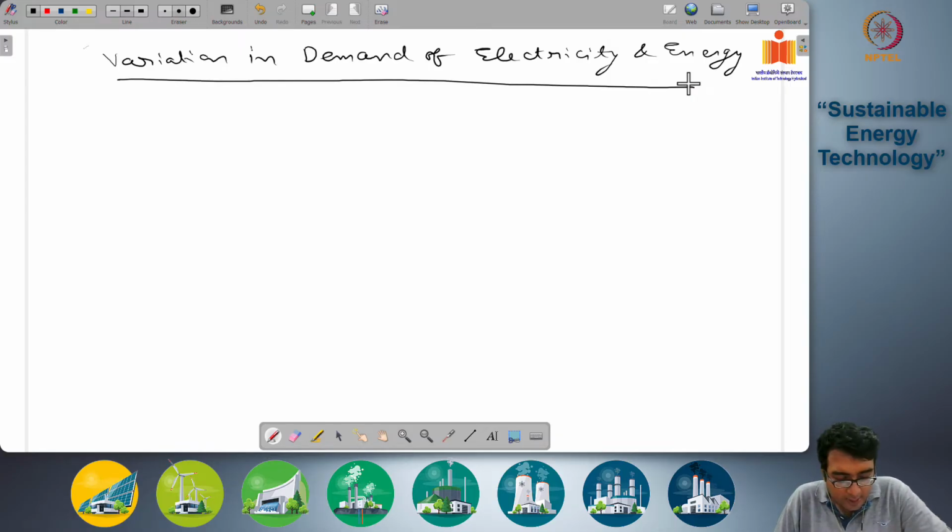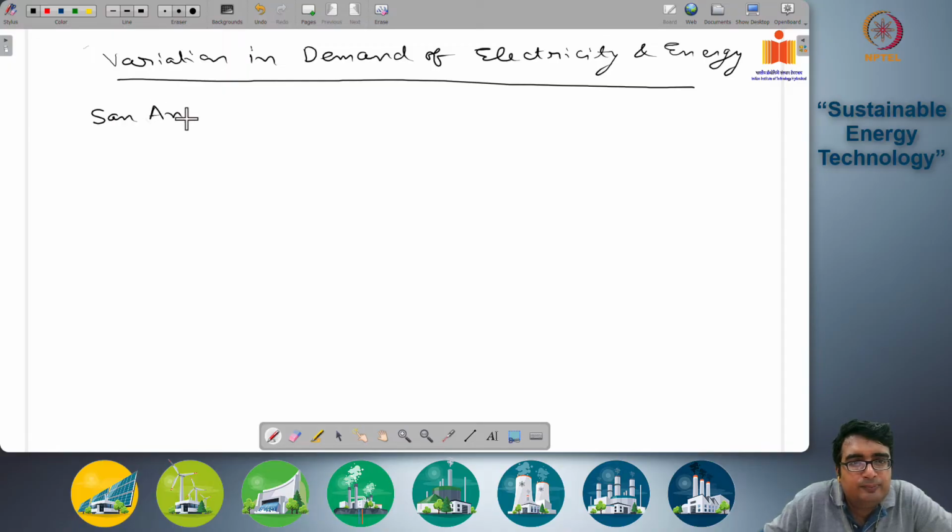We will look at a typical energy demand or electricity demand curve at a location in summer and in winter. The specific curves basically discuss a specific city, which is San Antonio in Texas.